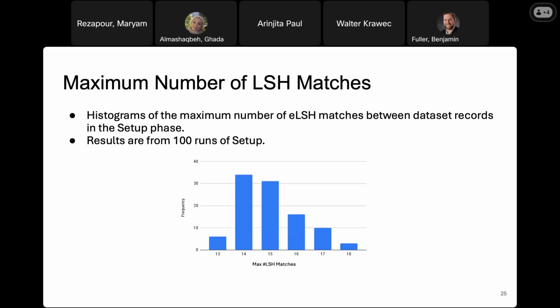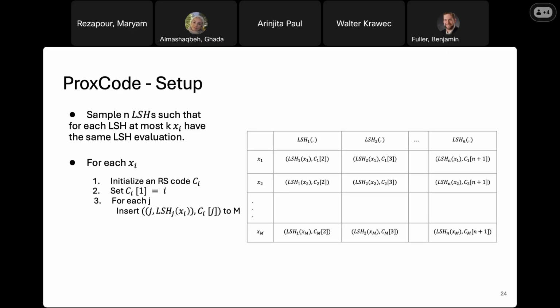Yeah. So I want to know, for each record, how many LSHs it shares with some other record. The thing is, the key has the j associated to it. So that's why you only give it a column.